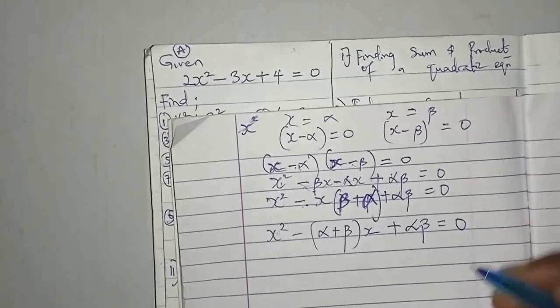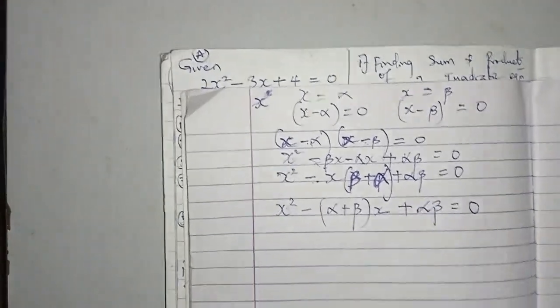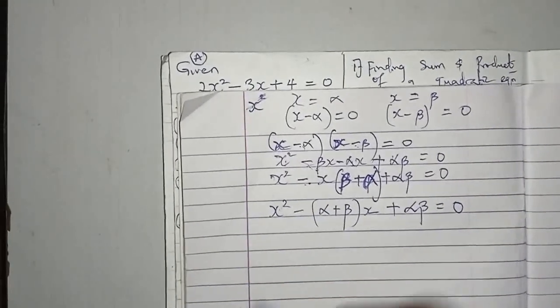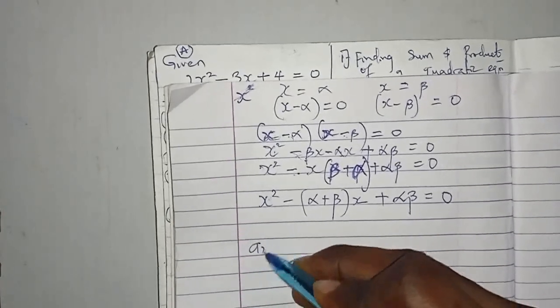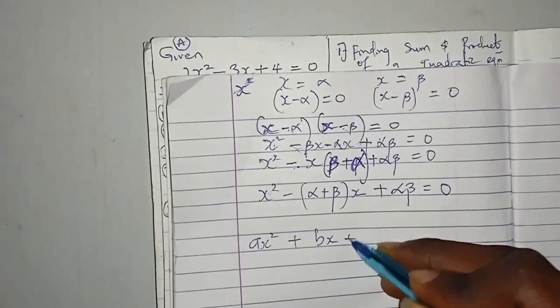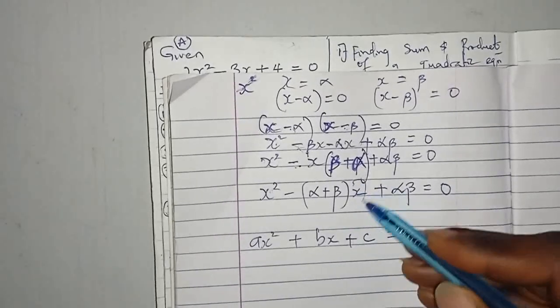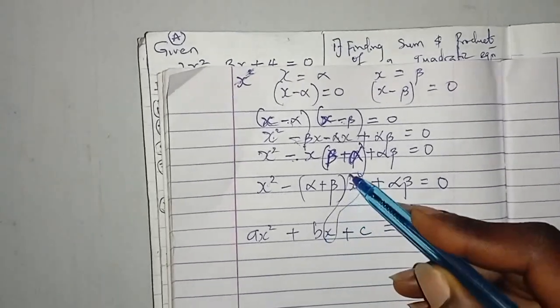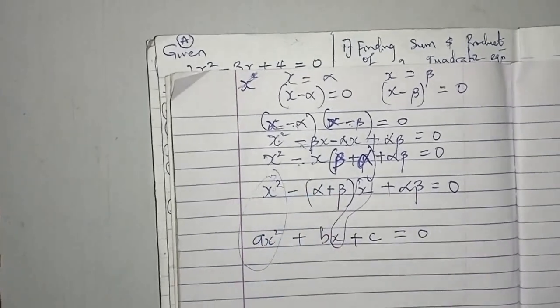equals 0. So notice that this can now be compared to the standard form of a quadratic equation, which is ax squared plus bx plus c equals 0.